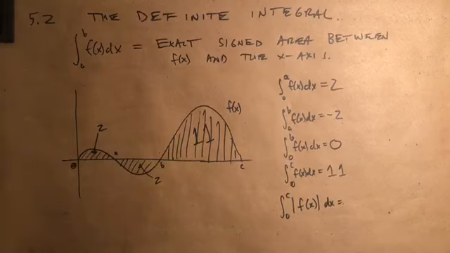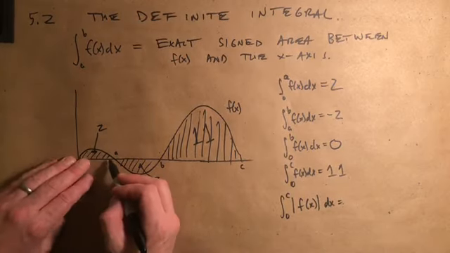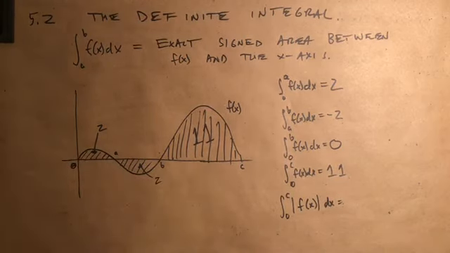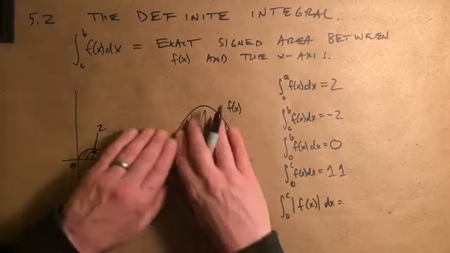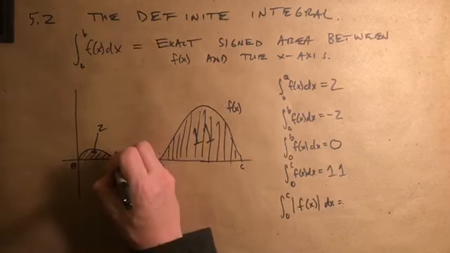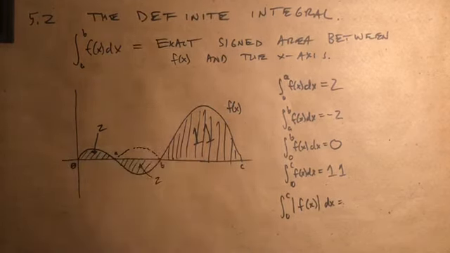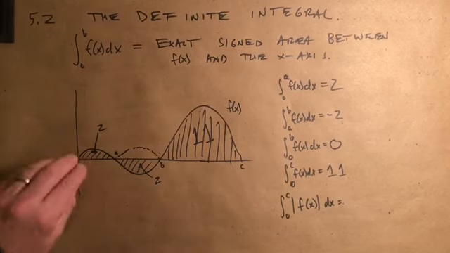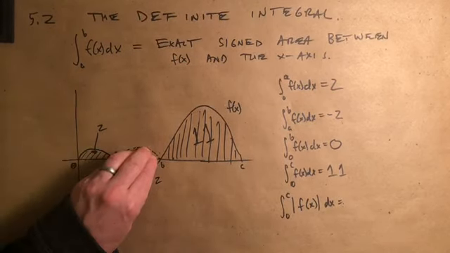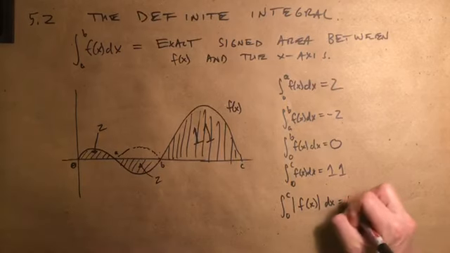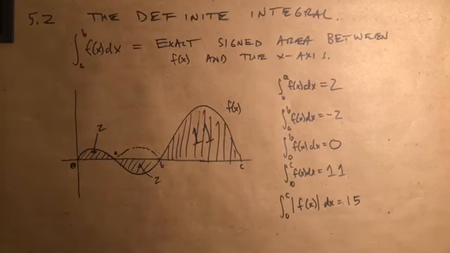And now we need to think a little bit because this is positive, so the absolute value of that is going to be exactly 2. This is still positive, but what we'll really have is this flipped version, and so the area here will be 2, and then 2 more, and then 11, giving us a joyous 15.